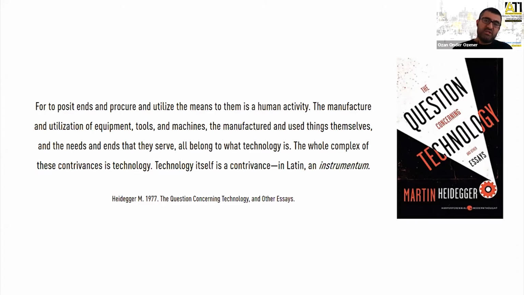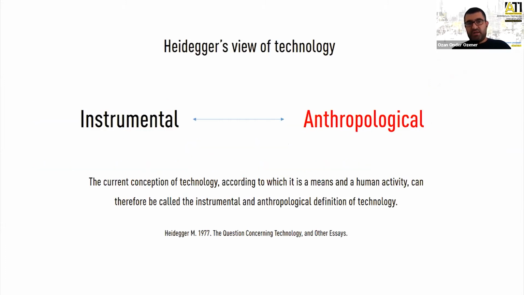There is this process of how tools, techniques, and different processes blend with the human content, the activity of the human. So we need to understand that there is this instrumental part of it, and also this anthropological part of technology. And today I really want to emphasize this human part of it. That's how we can adopt technology.